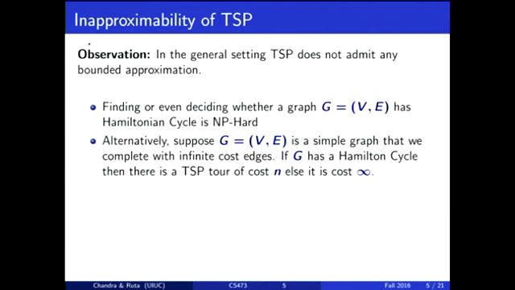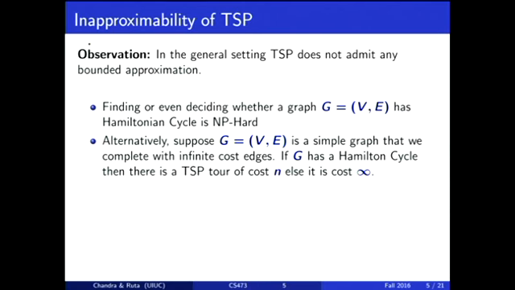So in general, let's look at TSP. We know TSP is NP hard. Why is TSP NP hard? In fact, it's impossible to even approximate it. Why is that? Formally, if I give you a graph, we can't even decide in polynomial time, unless P equals NP, if it even has a Hamiltonian cycle.